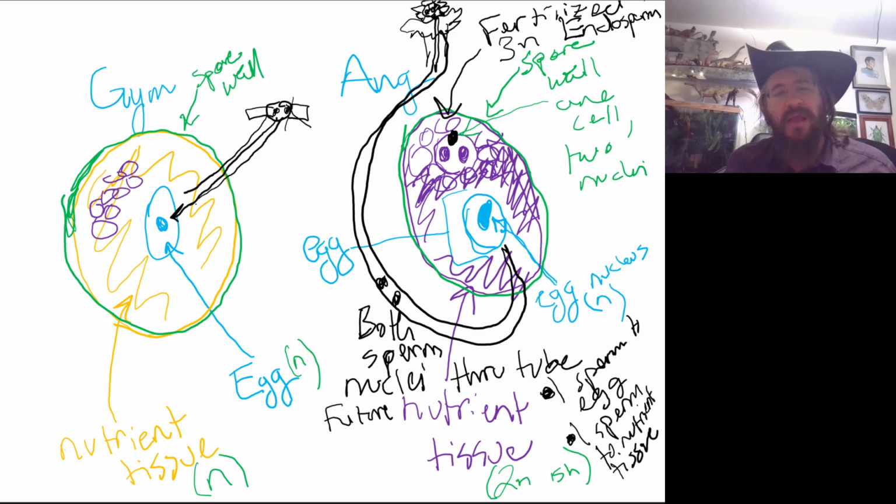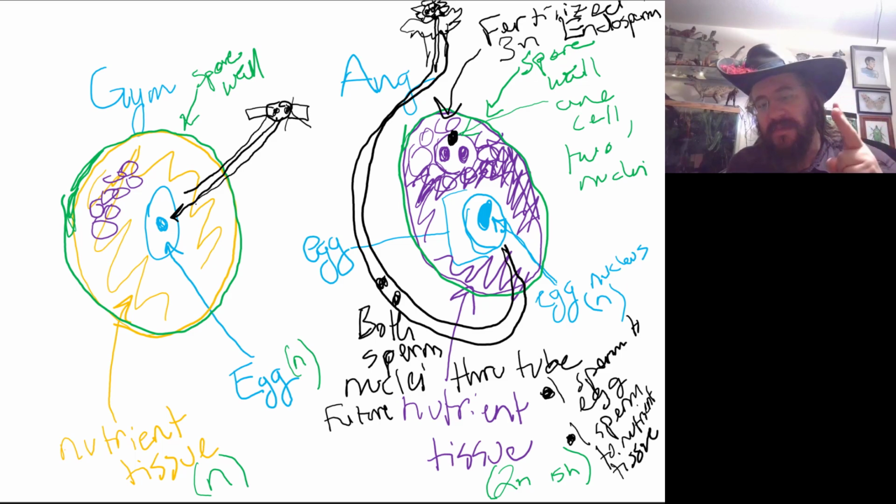So this means when we talk about angiosperms, some of the big features of them are double fertilization and the presence of triploid endosperm in the seed. So, big seed differences.